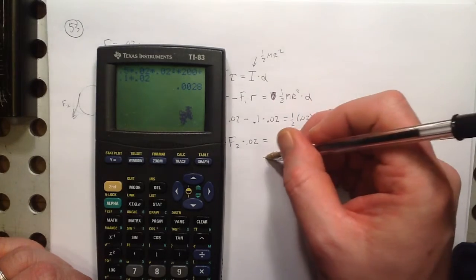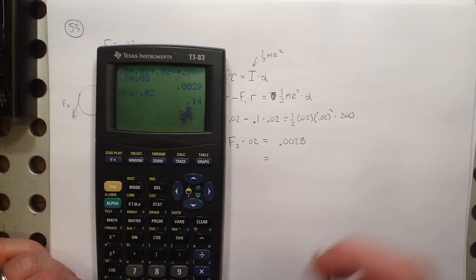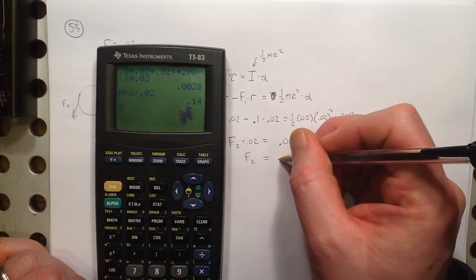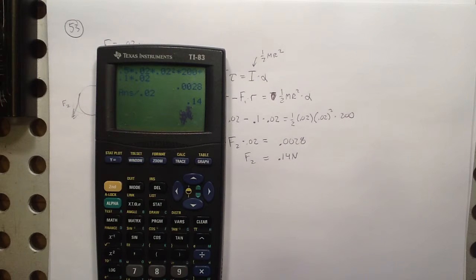And then divide by 0.02. And I get that that force has a magnitude of 0.14 newtons. And we were certainly hoping that it would come out to be something a little bit bigger than F1, because we knew that it was winning, and it did. Yay! So there you go. That's how you work with Newton's second law in rotational form.